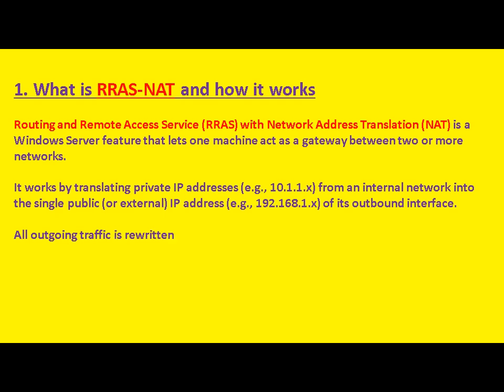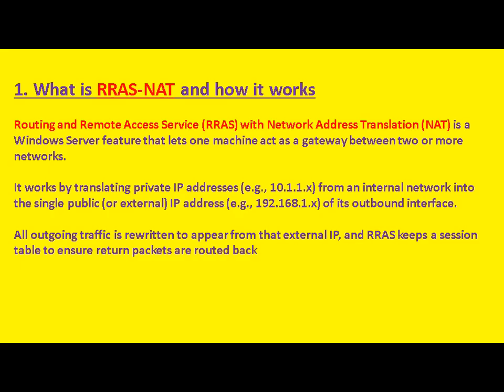All outgoing traffic is rewritten to appear from that external IP, and RRAS keeps a session table to ensure return packets are routed back to the correct internal host. So outgoing traffic uses your external IP, and incoming traffic is translated back to the correct internal host.